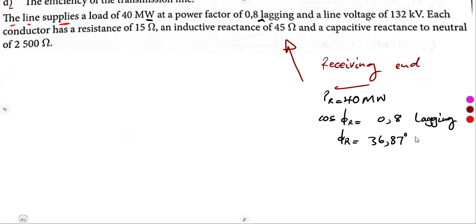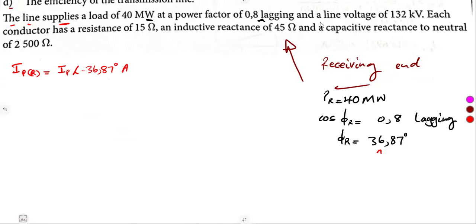In actual sense, if it is the current, let's say we are dealing with the phase value of the receiving end, it is supposed to be the phase value that we are given there at an angle of negative 36.87. Remember, current lags the voltage. We are comparing current from voltage. That is the major case, okay? So that is what we had.